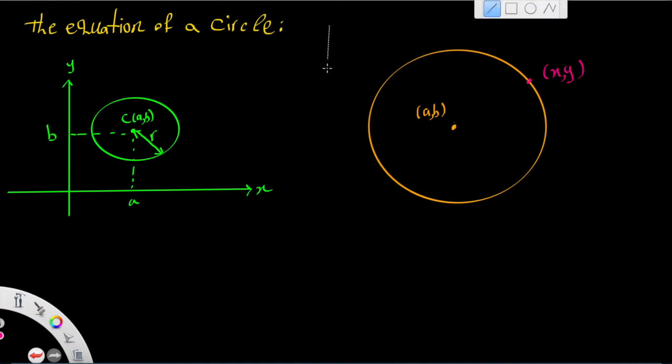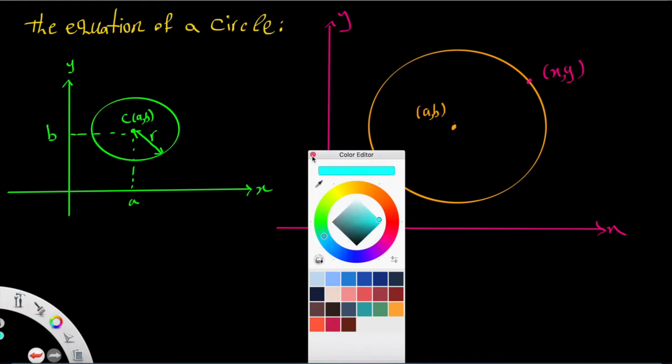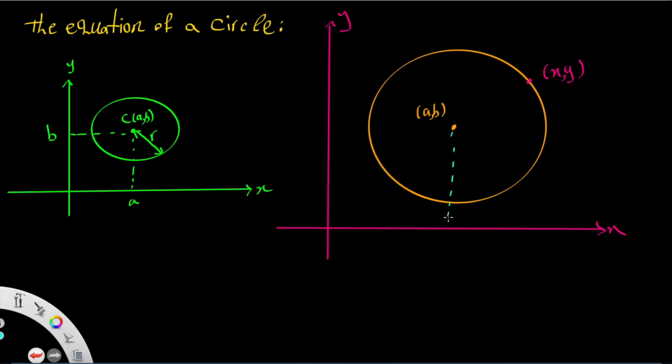Now I construct the x-axis and y-axis here, X, here Y. Now it is A, it is X, it is B. I extend this line, and this one will be Y. Now we know that the distance of all these points, all x and y's on the circumference of the circle, from the center A and B will be equal because it's a circle.